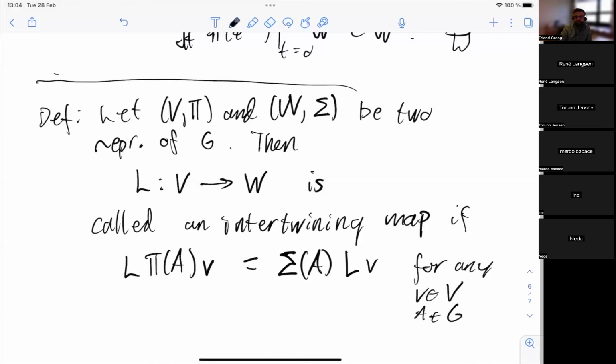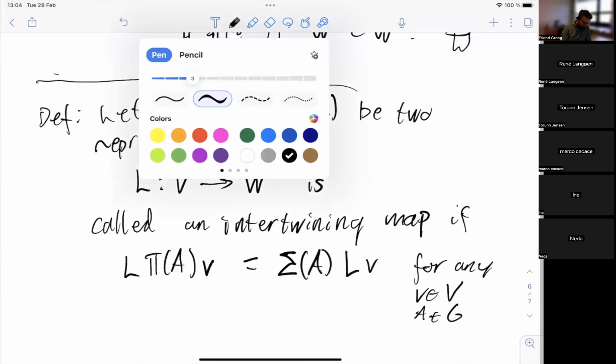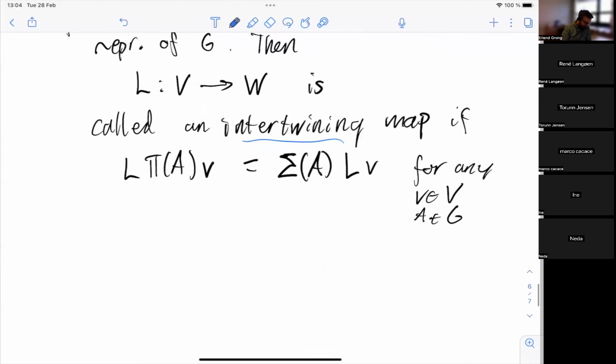So in other words, it's intertwining if you think of this as acting on this vector v, trying to change this vector v in some way. If it's the same when you move it to the other vector space and then act on this thing here, then it's called an intertwining map.